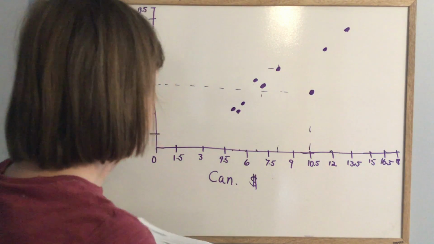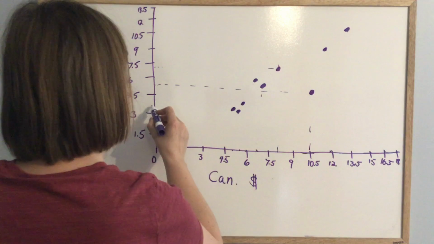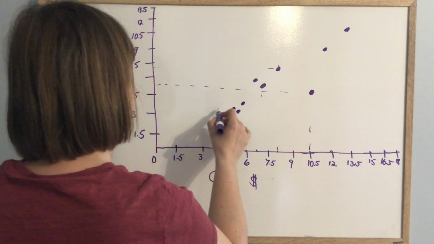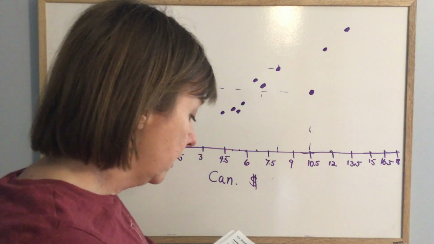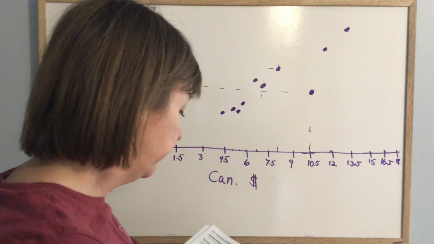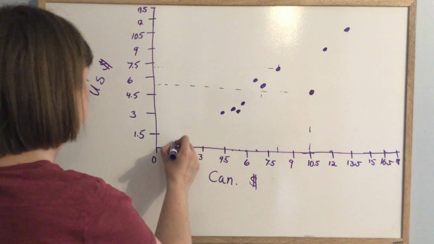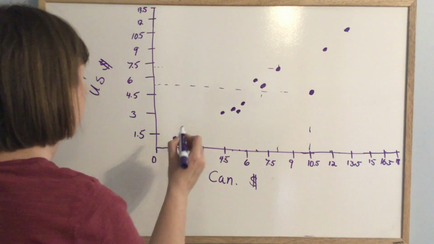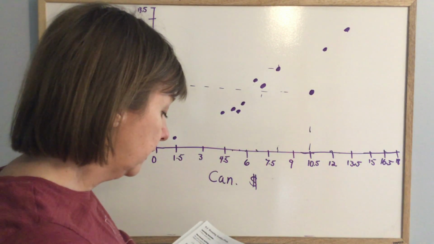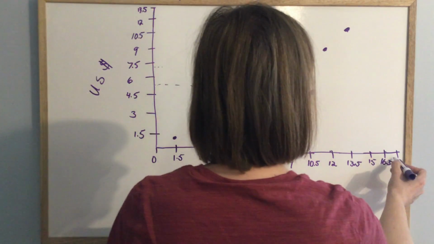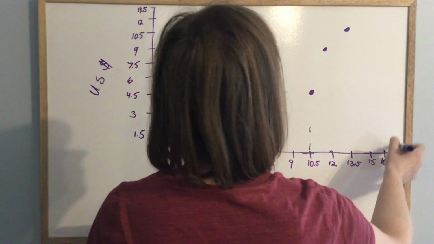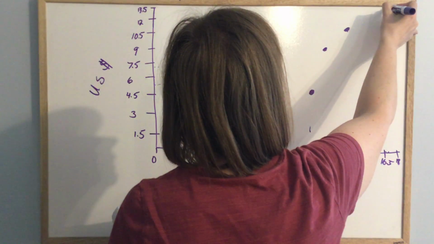$4.50 and $3.50, right about there. $1.50 and $1, right about there. $16.95 and $13.95. $16.95 would be about here, and $13.95 would be like way up here somewhere.